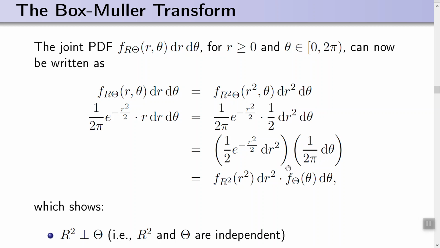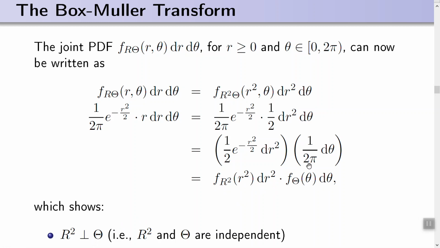Because we can factor apart a function with respect to r squared and a function with respect to theta, we can show that r squared and theta are independent, because they can be factored apart into separate densities.